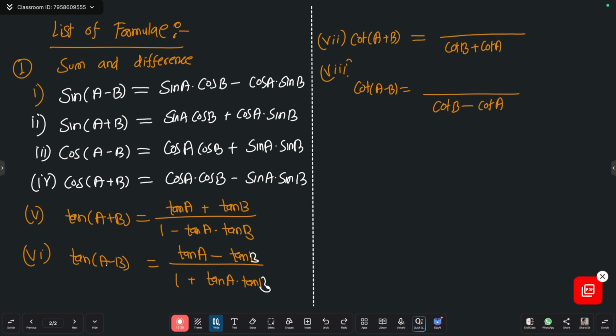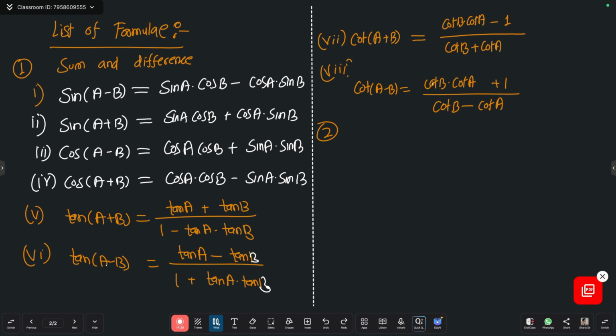In the tan formula it is 1 minus, but in cot it is reverse, so it will be cot B cot A minus 1 for A plus B, and cot B cot A plus 1 for A minus B. So cot of A plus B and cot of A minus B are over.